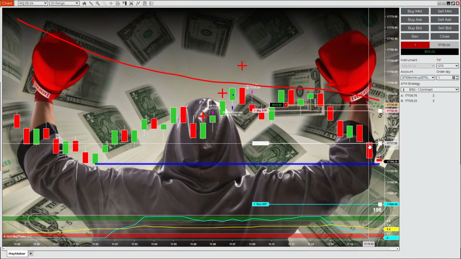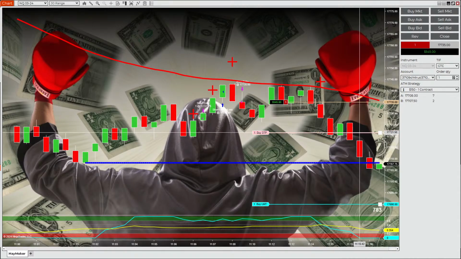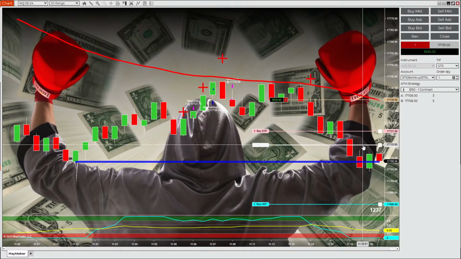See if she can push through this pivot or bounce. Oh boy, let's go. They hate those pivots, don't they? Man. Ah, it's gonna be a stubborn one.